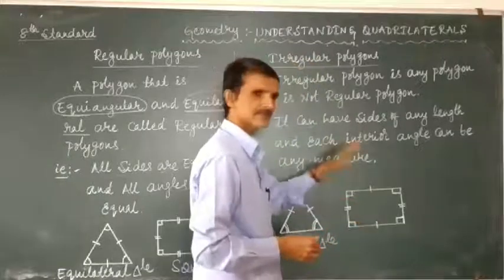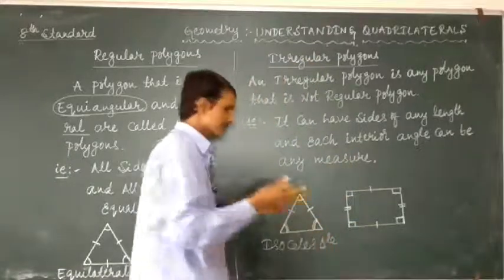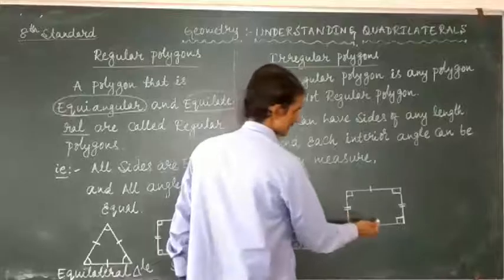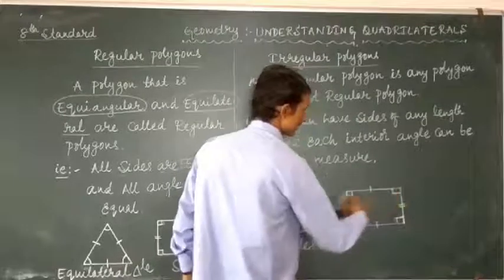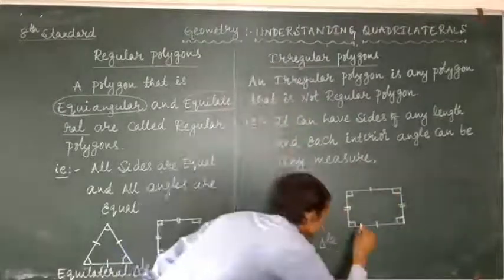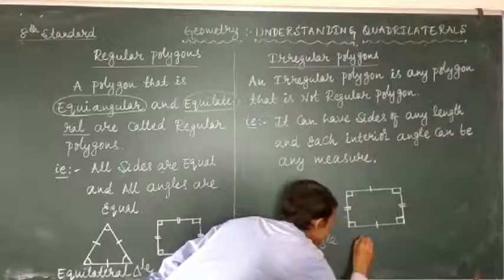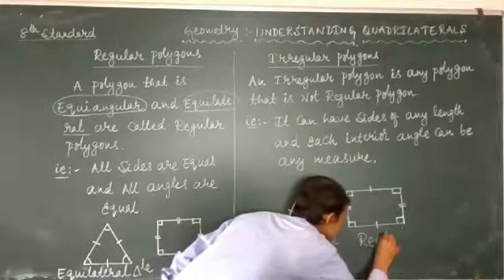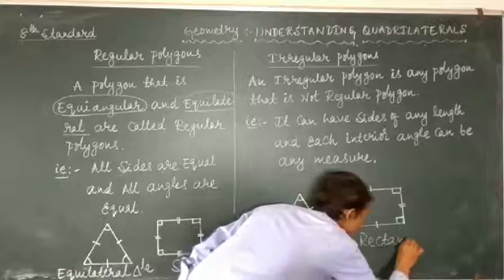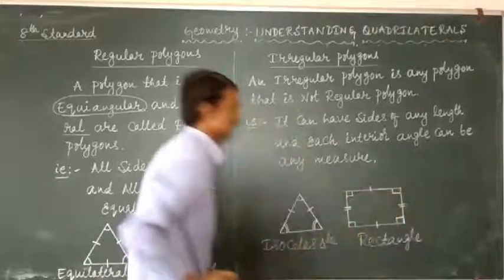Can you name this figure? The quadrilateral which has opposite sides equal and all angles equal is called a rectangle.